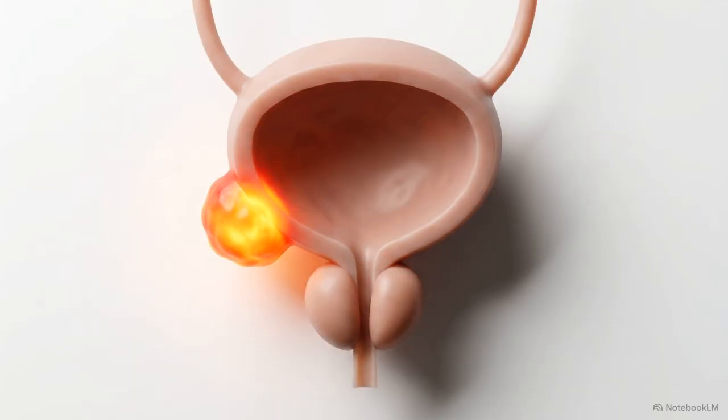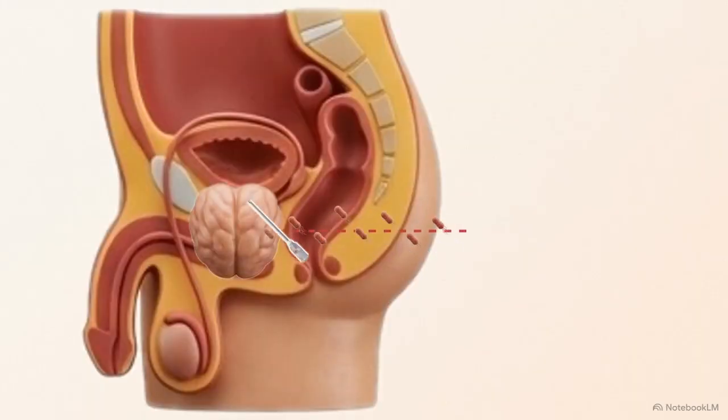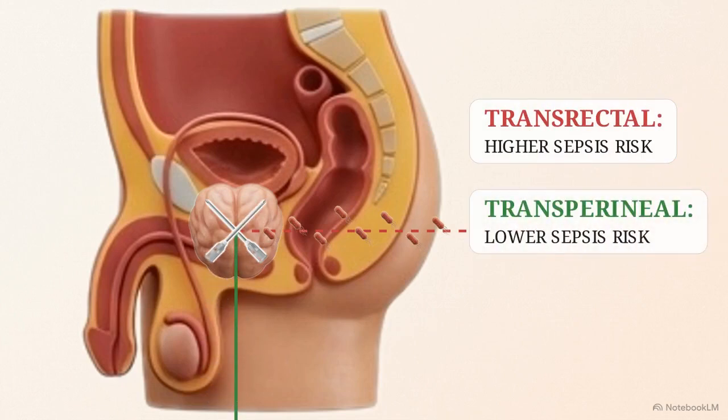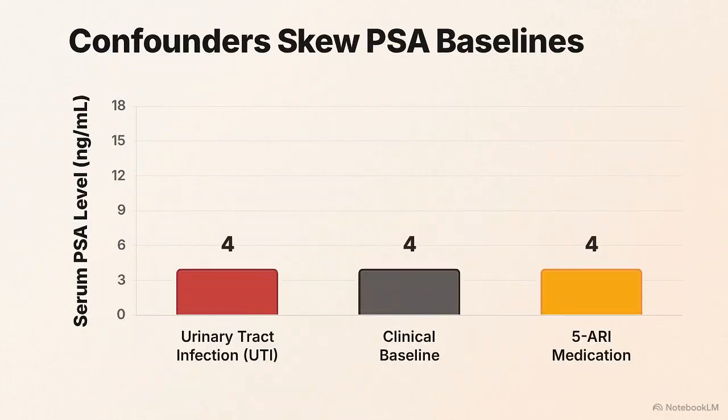When evaluating for prostate cancer, multiparametric MRI utilizes the PRAD scoring system to assess malignancy risk and guide tissue sampling. This imaging enables targeted transperineal biopsies, which avoid the rectum and therefore carry a significantly lower sepsis risk than traditional transrectal approaches. We must also account for laboratory factors.